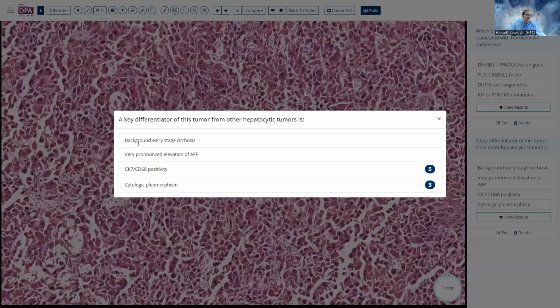In contrast to other hepatocellular carcinomas, the AFP is often not elevated, but we do often have this CK7, CD68 positivity. And these are two antibodies that are much more likely to be present in your labs, or you'll have access to them. Cytologic pleomorphism is helpful, but is not as discriminant as the immunohistochemical differentiation. So cytologic pleomorphism, a good answer, but not the best answer.